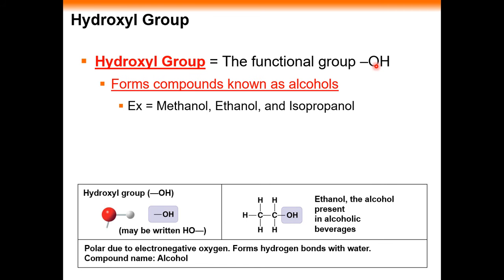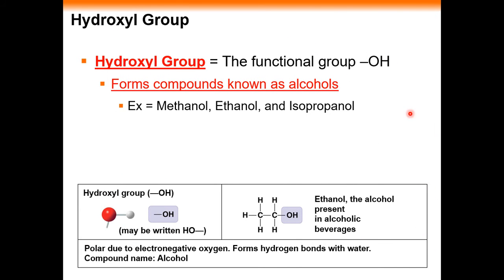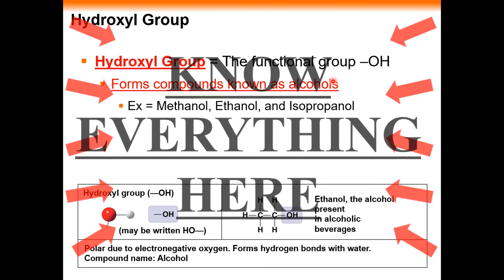So methanol, ethanol, isopropyl alcohol, and so forth, like rubbing alcohol, these different alcohols have an OH group on them. They have a hydroxyl group. That's really important. You need to understand what a hydroxyl group looks like. You should be able to identify it. And hydroxyl groups form alcohols.